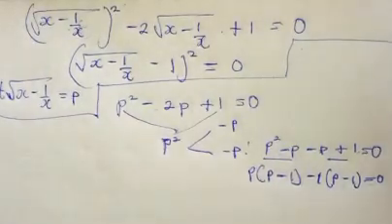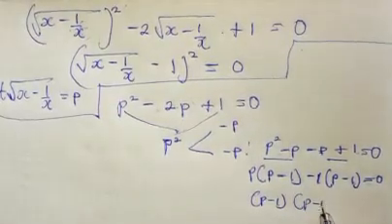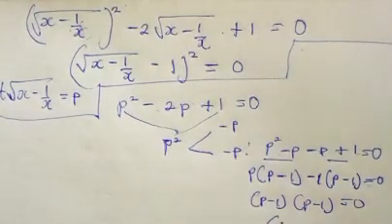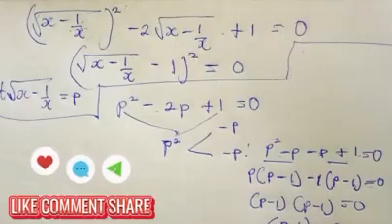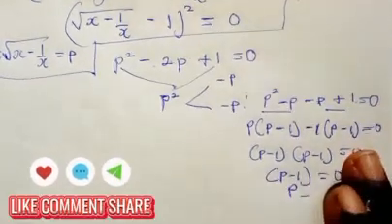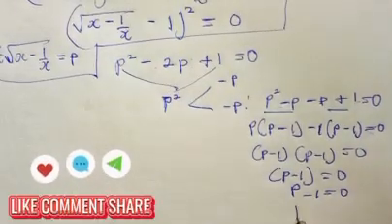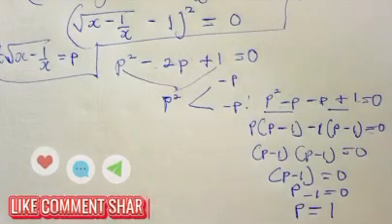So when you factor out the common terms, you have p minus 1 squared is equal to 0. Therefore we just use 1, just only need 1. So we have p minus 1 is equal to 0, which means that p is equal to 1.